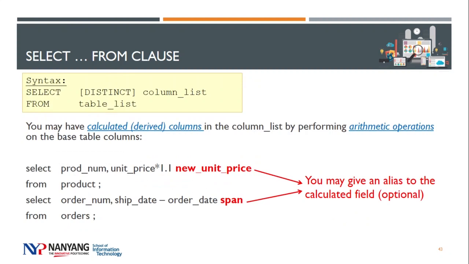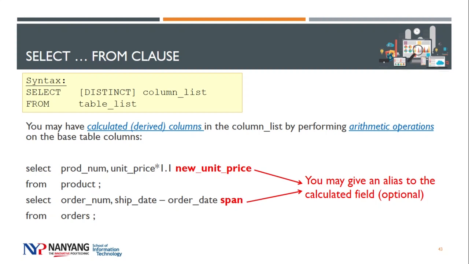We can also have calculated columns by performing arithmetic operations. For example, we select the product number and the unit price multiplied by 1.1. What it means is that we want the price to increase by 10%.